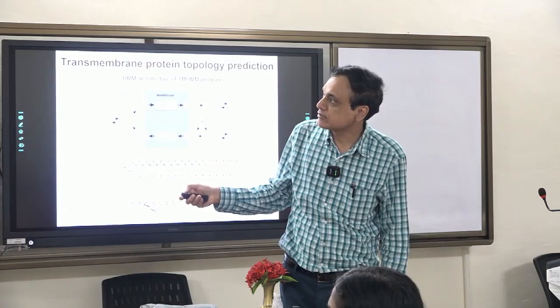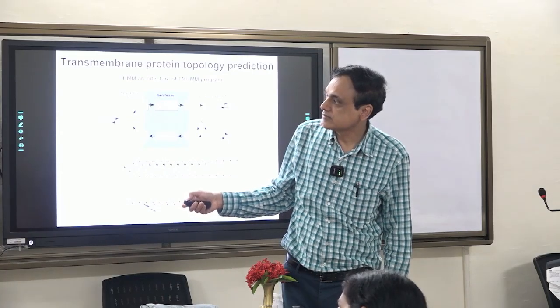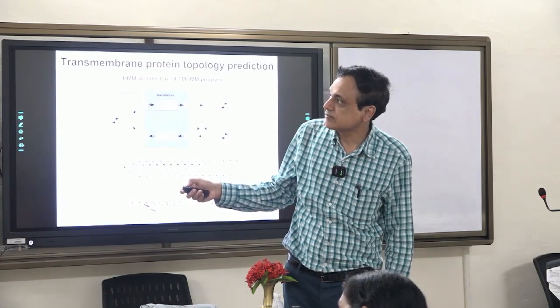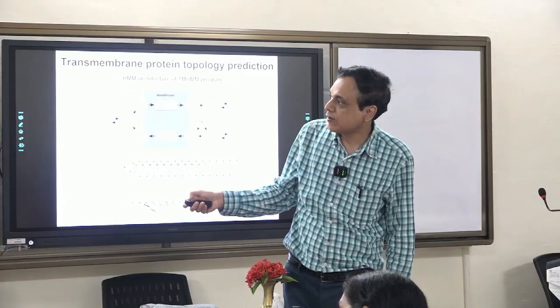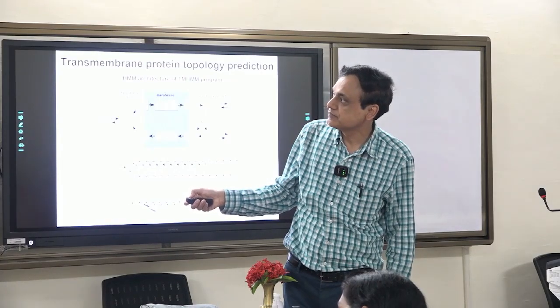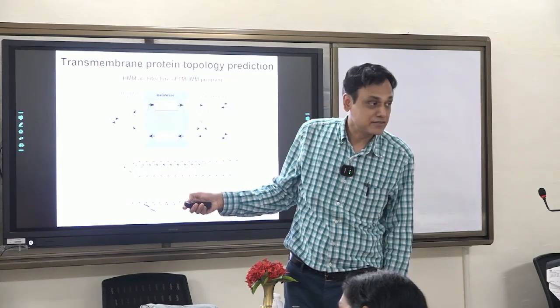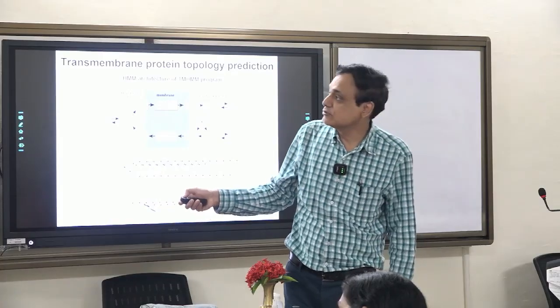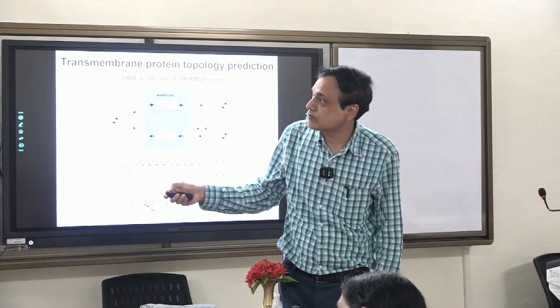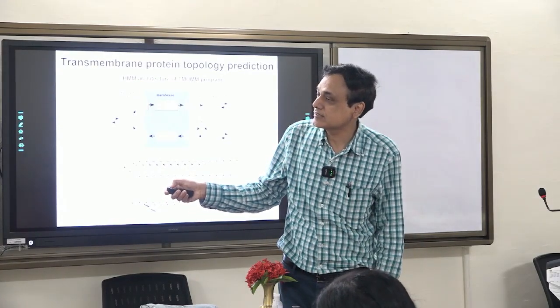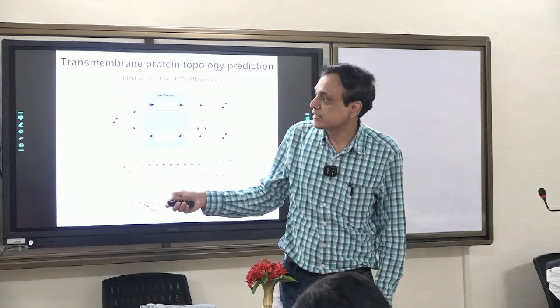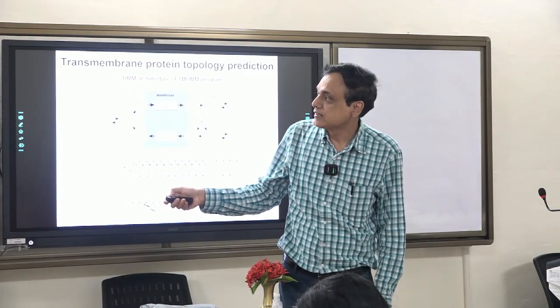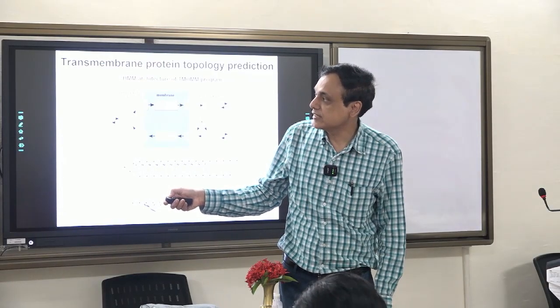Okay, so 10, and then how many are here in the loop? No, 10, total 20, right? So you can transition to globular, or you can directly transition to loop again. Okay, so 10, and then you can transition here, and then 10 again.